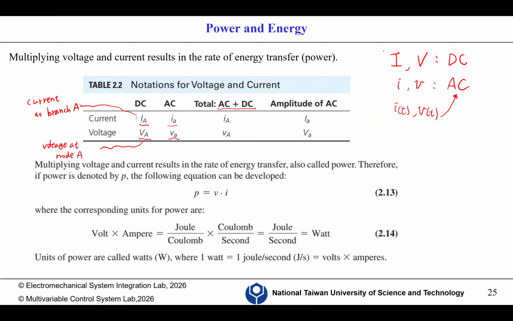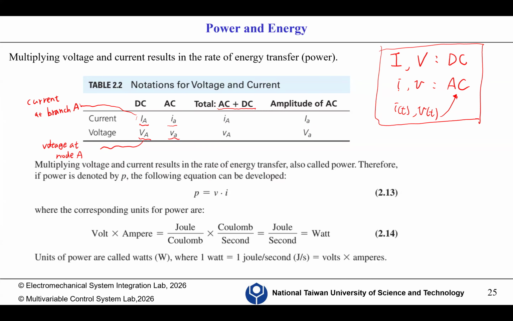But in general, we follow these rules. We use capital characters to represent DC, and we use italic to represent AC. So throughout this textbook, they will name their variables following this rule.